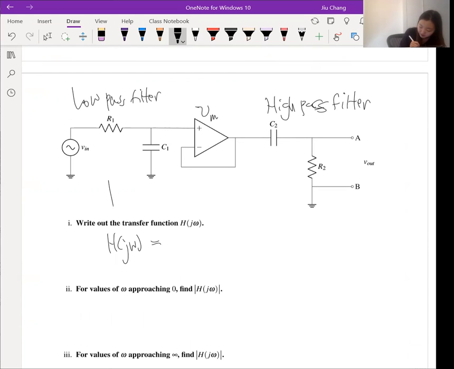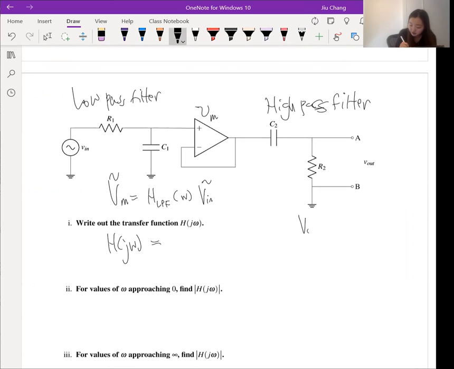Then we know that our V middle phasor is equal to the transfer function for the low pass filter times our Vn phasor.